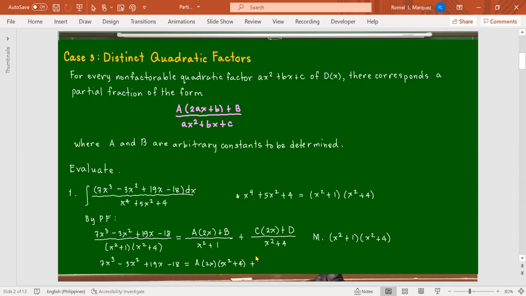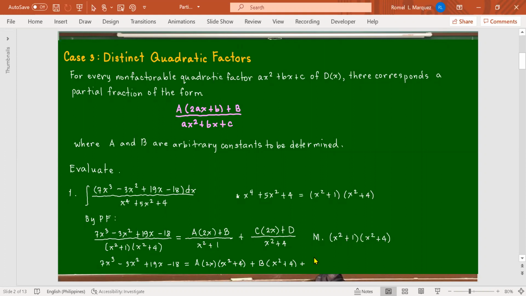And then for B, we have B times x squared plus 4. Okay? And then for the next fraction, when this is multiplied by x squared plus 1, x squared plus 4, x squared plus 4 is cancelled out.